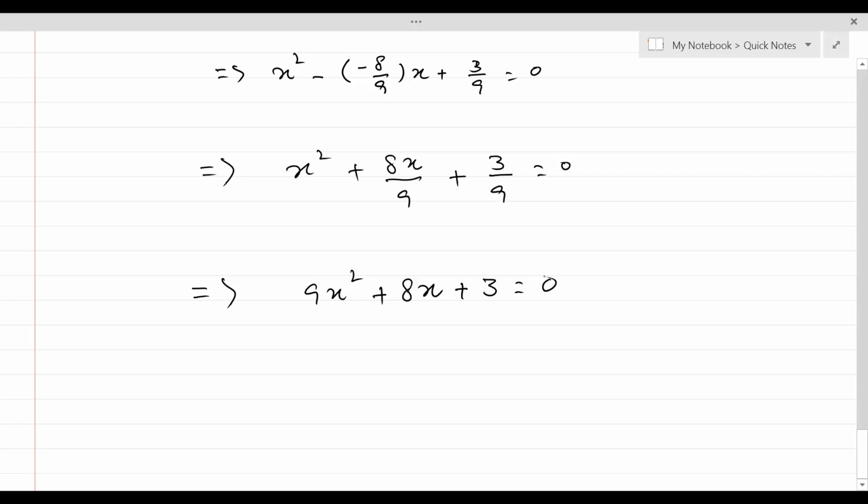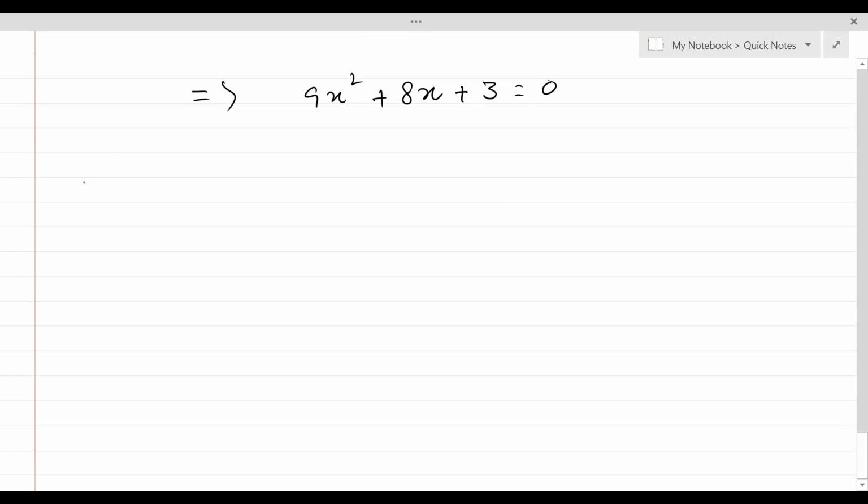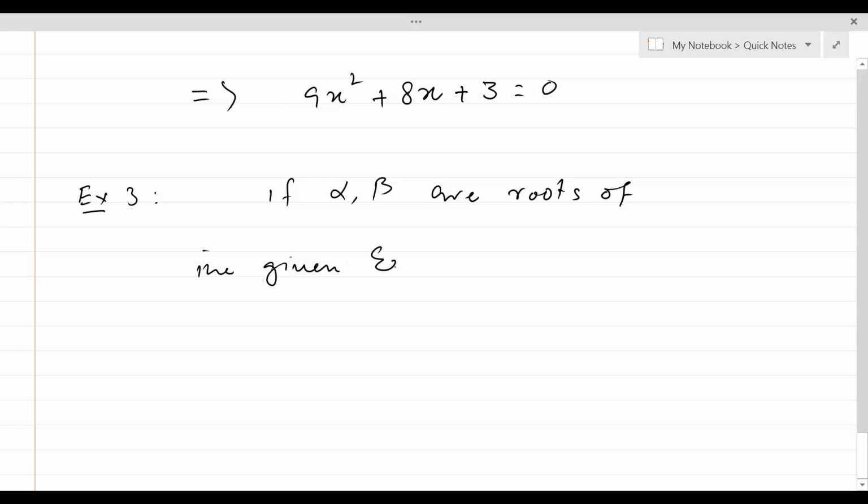So now the last question, in which if alpha, beta are roots of the given equation, example number 3. What is that given equation? The given equation is 5x squared minus x minus 2 equal to 0.